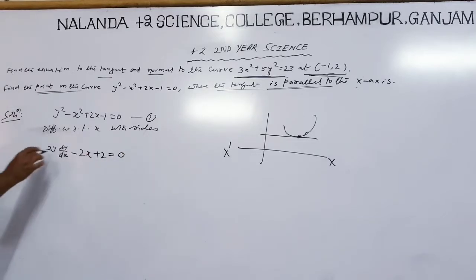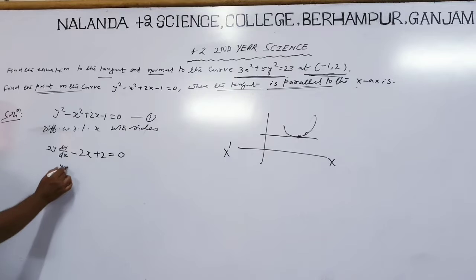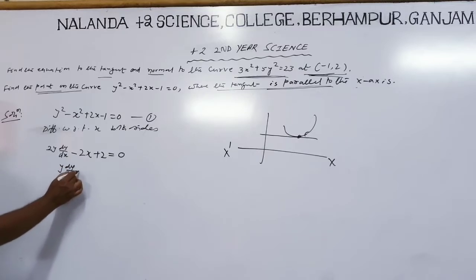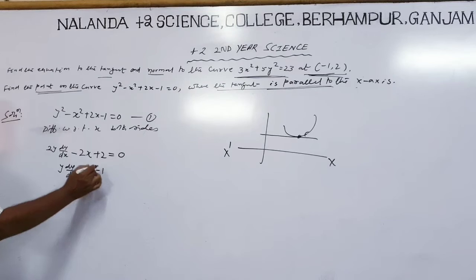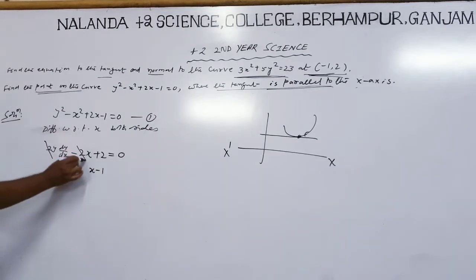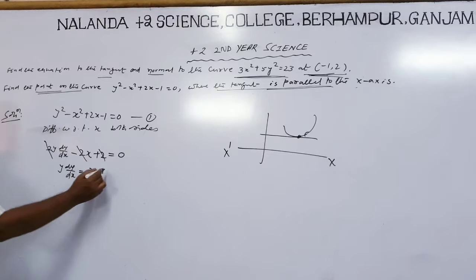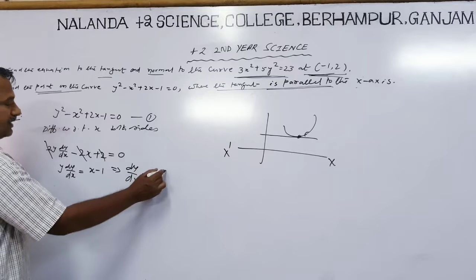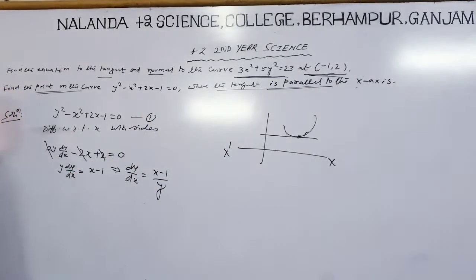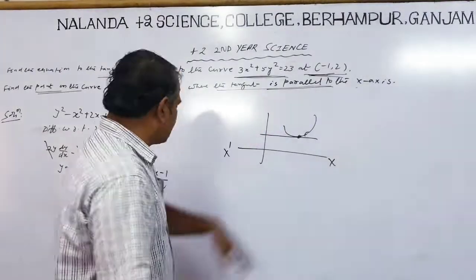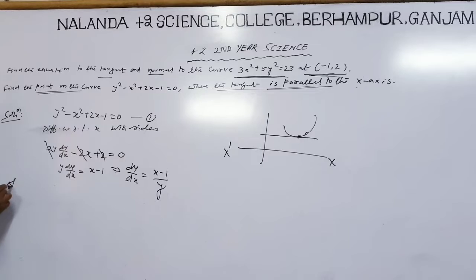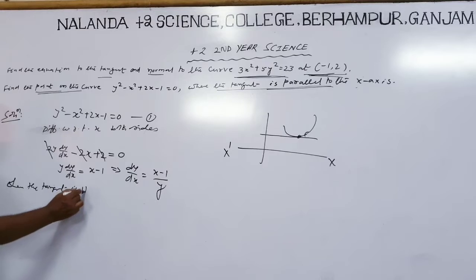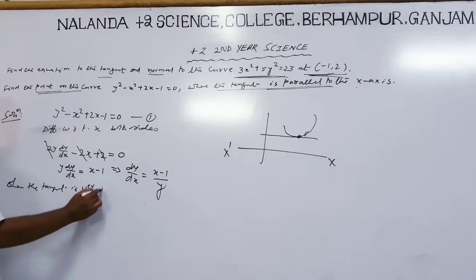Now 2 cancels out. y into dy by dx equal to x minus 1, or dy by dx equal to x minus 1 by y. This is the slope of the tangent. Now use the condition that the tangent is parallel to the x-axis.